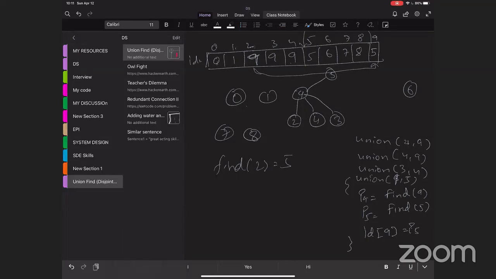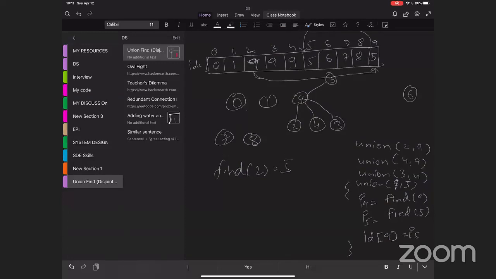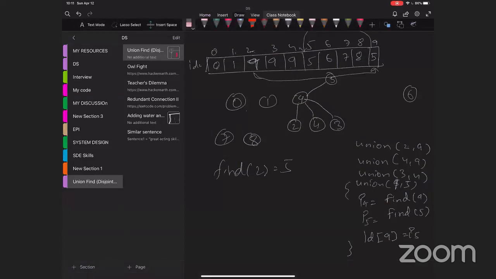Yes and no. What if I have not 10 but 11 elements? Now I say union of 5 and 10, or 10 and 5. Which one will you make child of what? 5 will become child of 9.